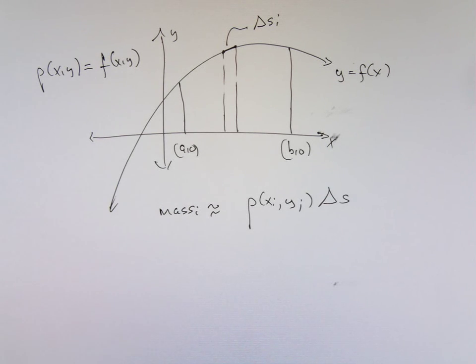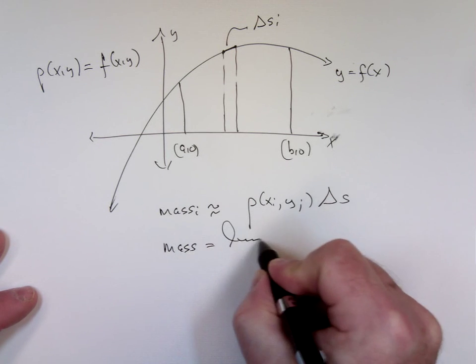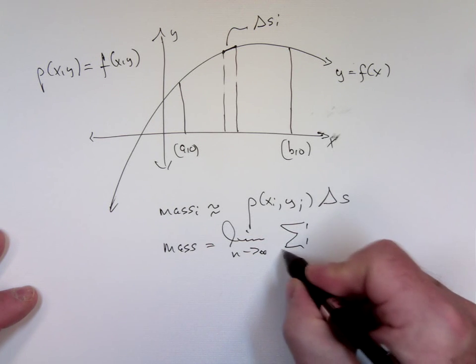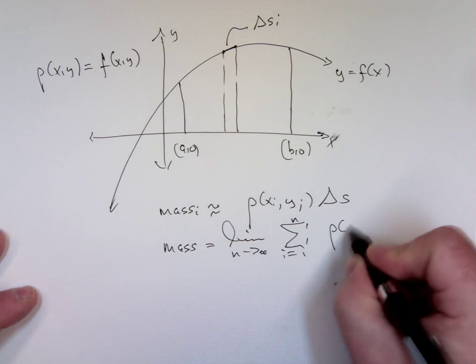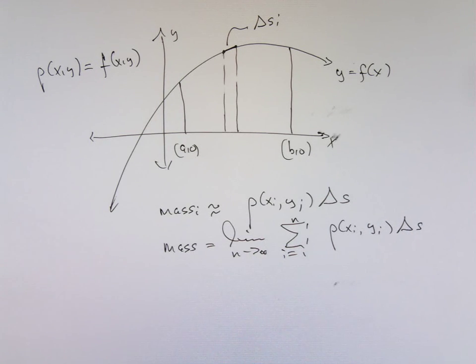The total mass of this wire would be equal to the limit, as n goes to infinity, of the sum of all these little pieces. This is a Riemann sum in terms of S, not x.